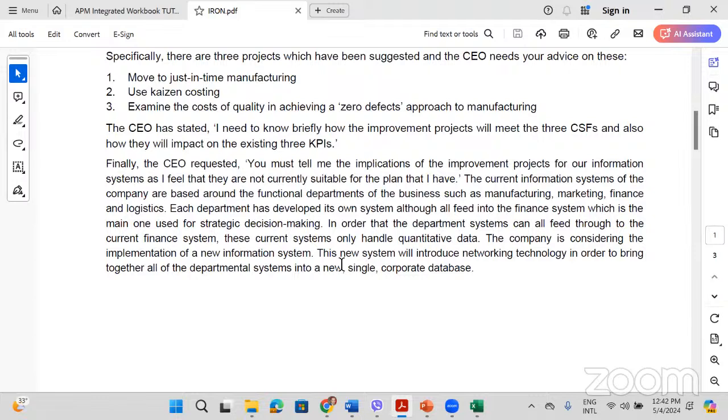The new system that the CEO is talking about is an ERP system.